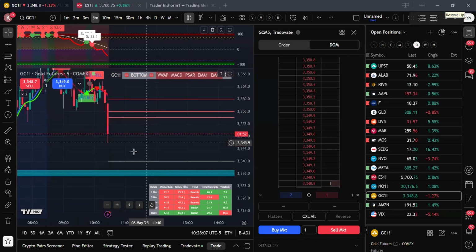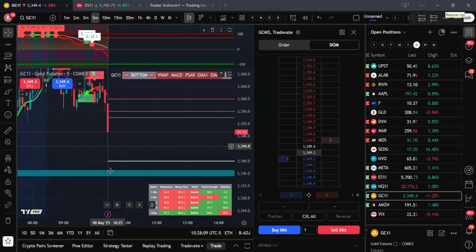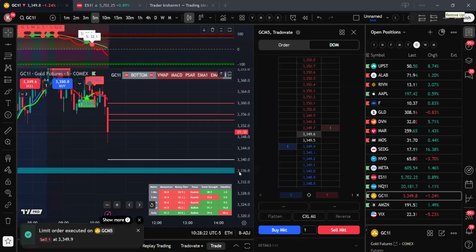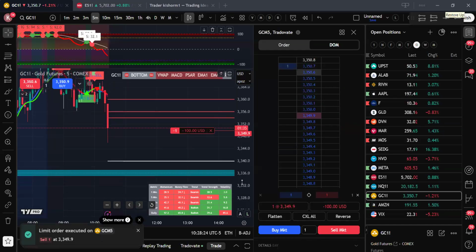It may come all the way to this line, or it may come all the way to this, 53.40 is possible. We took short one more time on GC.